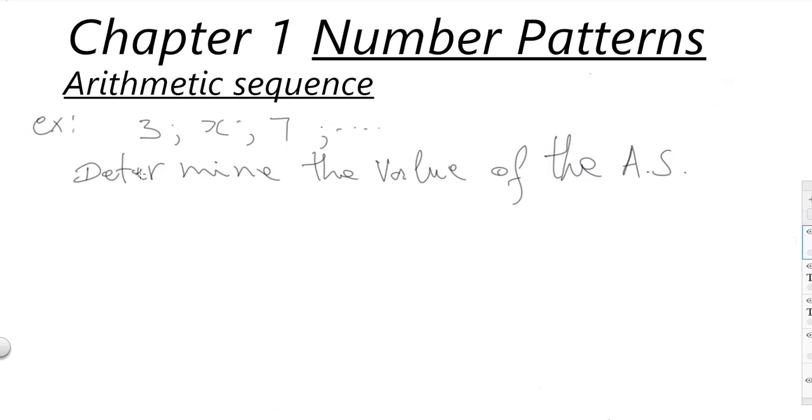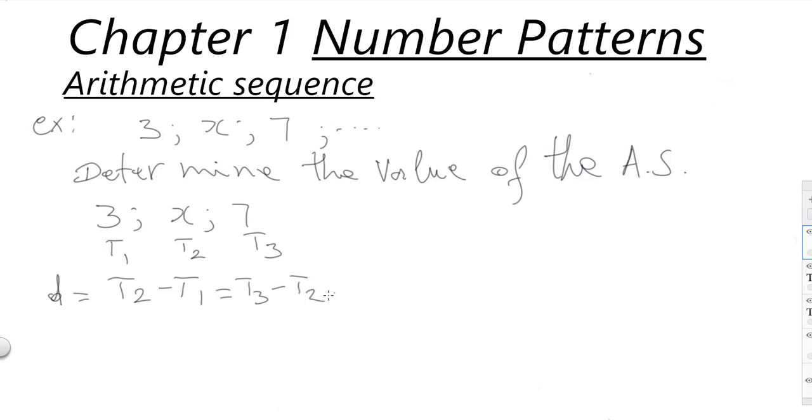Now, in this case, you cannot use Tn equal. You will be using the common difference formula, because the difference between these two and these two is the same. This is your first term, second term, and third term. Remember, the common difference is T2 minus T1 and T3 minus T2.